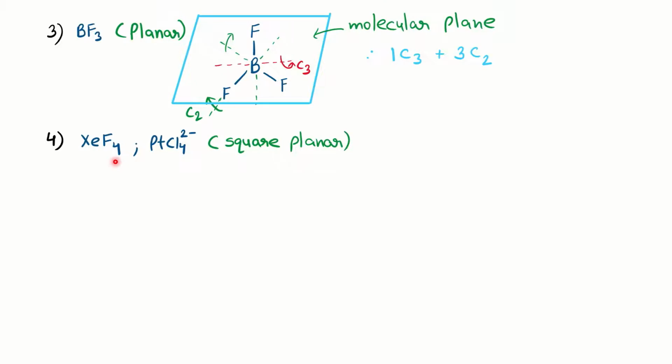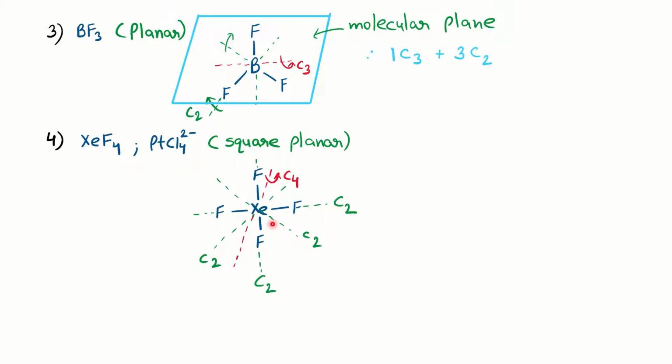If you go for XeF4 or PtCl4 2-, which have a square planar shape, again these are planar molecules. All planar molecules possess a C2 axis and have the molecular plane. In square planar, if you arrange the 4 fluorines in the same arrangement, you can have one C4 axis, that is, after 4 rotations you will get the indistinguishable configuration.